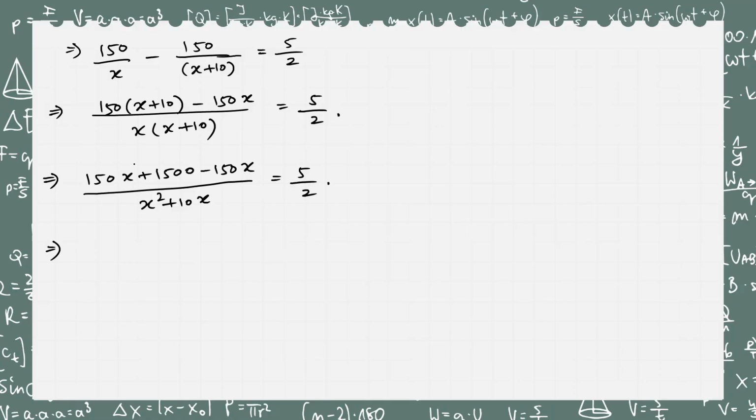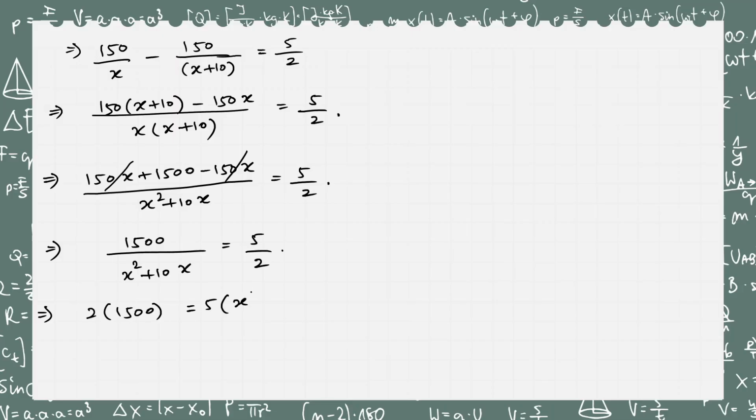That implies now 150x will cancel in the numerator. 1500 divided by x square plus 10x equal to 5 divided by 2. Cross multiplying we get 2 into 1500 equal to 5 into x square plus 10x. That implies 3000 equal to 5x square plus 50x.